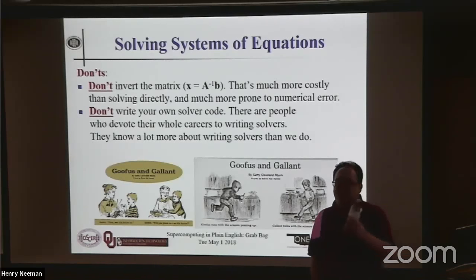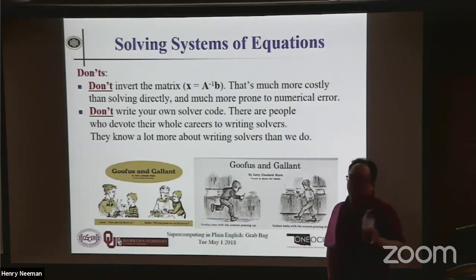And the good ones, they will gushingly praise. So very quickly, by asking your colleagues in the same field, you will find out which things are in common use, okay?